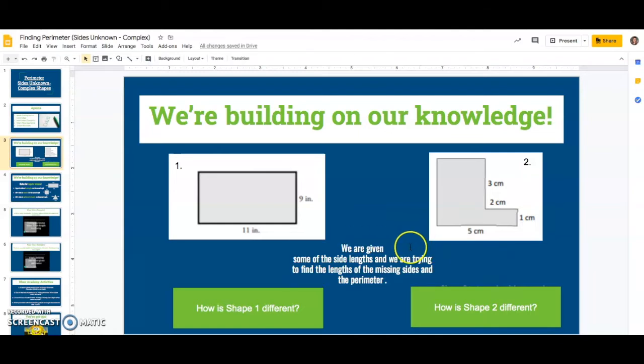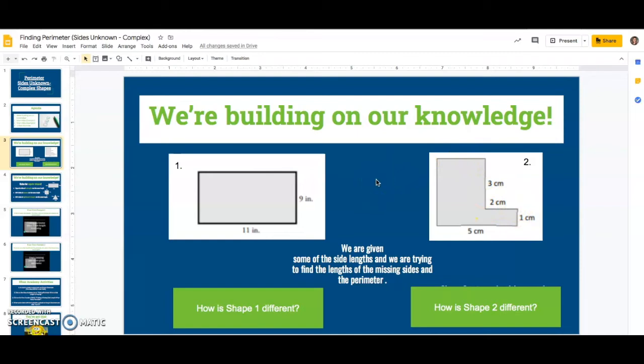In these shapes, we are given some of the side lengths, and we are trying to find the lengths of the missing sides and the perimeter, which remember is the total distance around the outside of a shape.